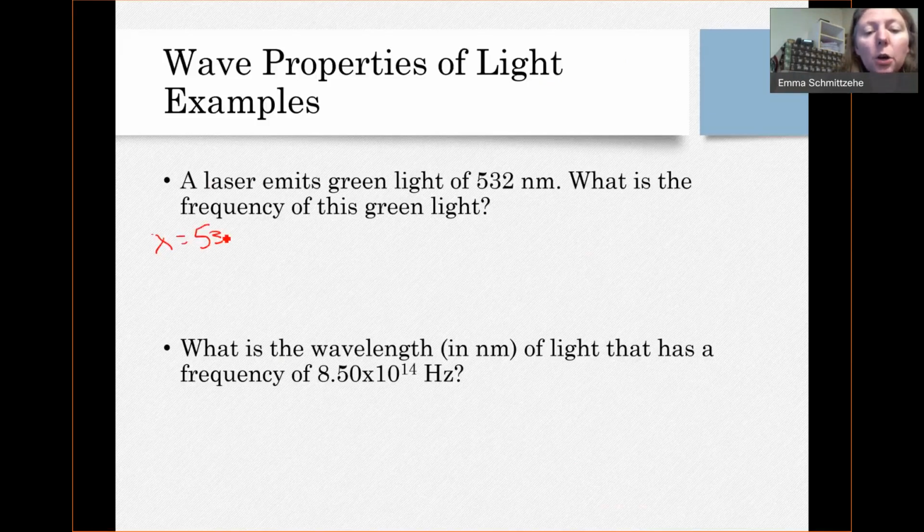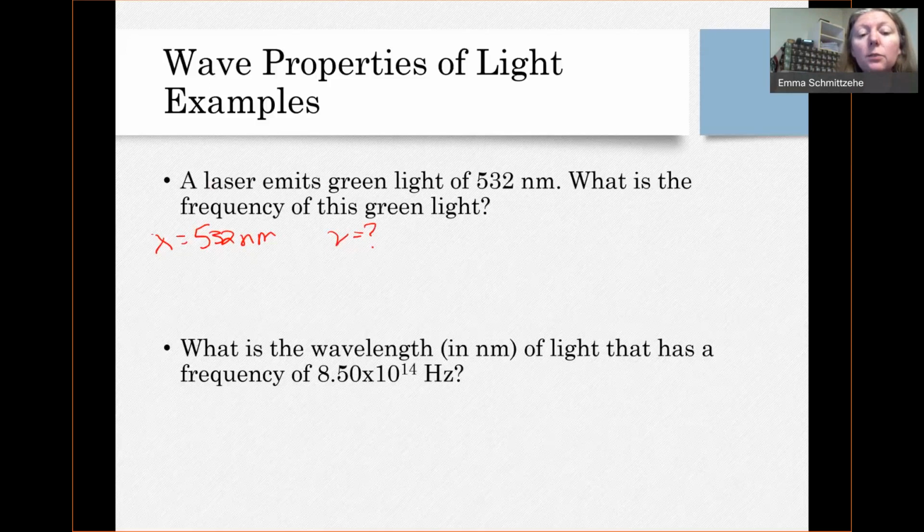And how you would know that, if it's not directly said that it's the wavelength, is because of the unit. It's a length unit, so it has to be the wavelength. And we want to know the frequency, so that's what we're looking for.